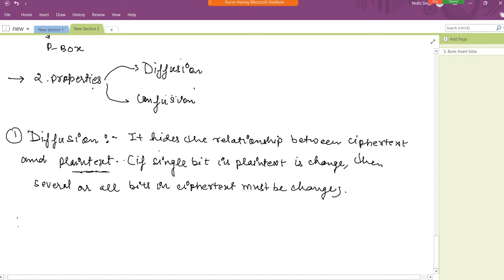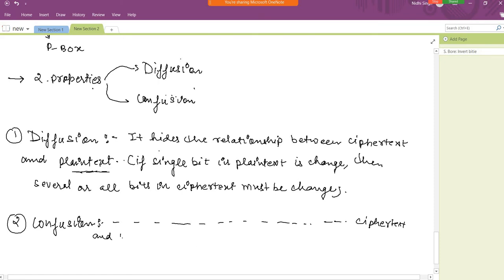Now what is the second property? Second property is confusion. So confusion states that we have to hide the relationship between the ciphertext and key. So I am not writing it fully, I will abbreviate. It hides a relationship between ciphertext and key.